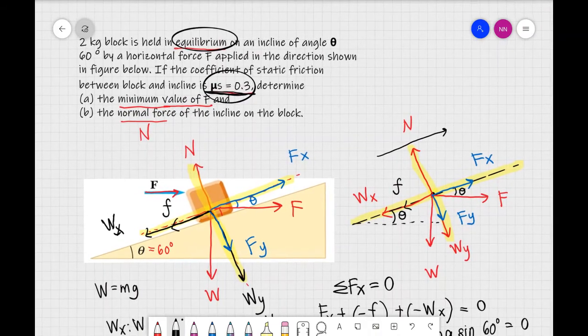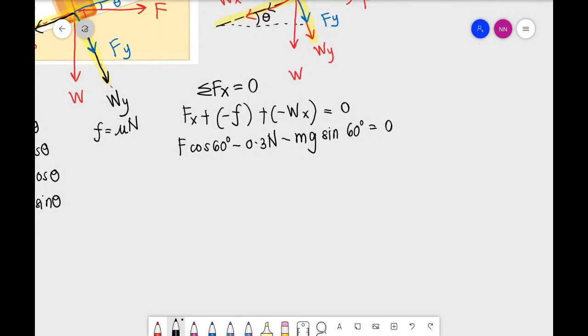The mass of the block is 2 kilogram. Maybe we can simplify this equation. Cos 60 degrees equals 0.5, so 0.5 F minus 0.3 N minus mass 2 kilogram times g 9.81 sine 60 degrees equals 0.